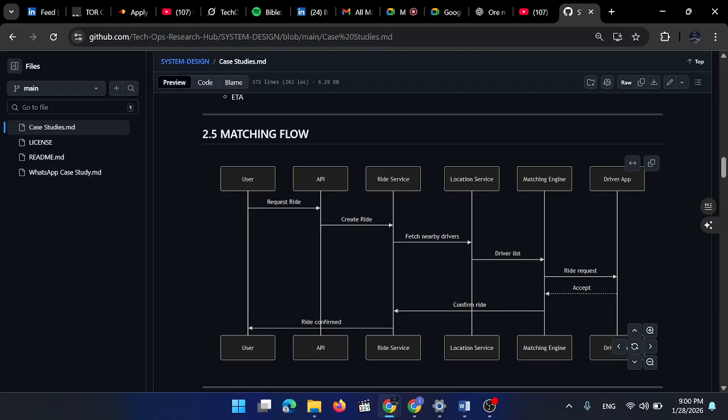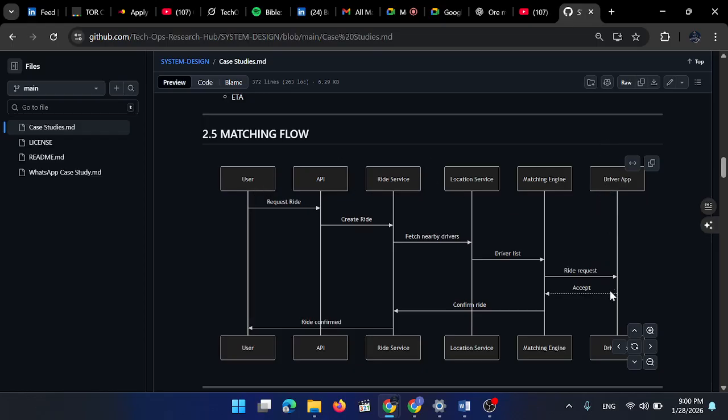So a driver list goes to the matching engine, and then now there's a ride request that is taken, that is signified to the driver application there. So the driver gets to now accept, because up to this point we expect that the driver has been able to see a request from the user.